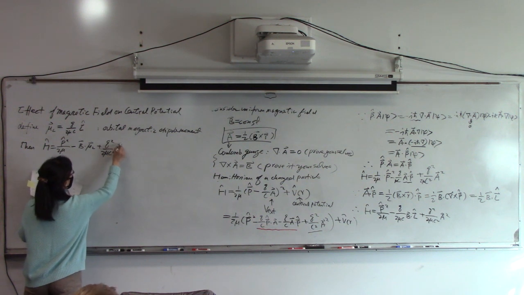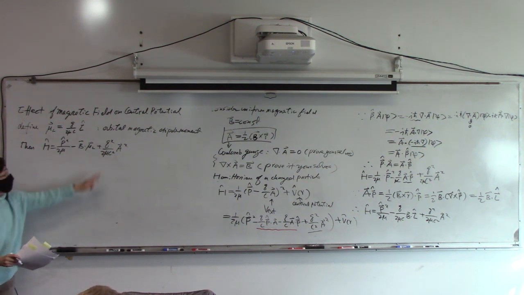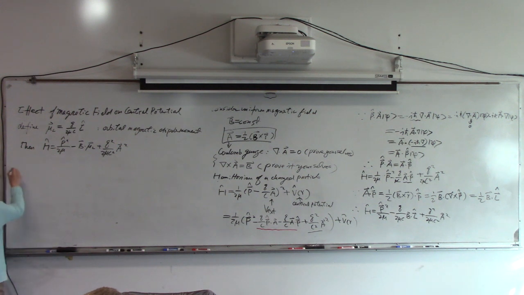So here we know what happens in a magnetic field: if a charged particle is put in the magnetic field, it has its own dipole moment. If the field direction is here and the dipole moment is in this direction, they try to align. That is the interaction, and that is this term. Now we're going to deal with this last term.